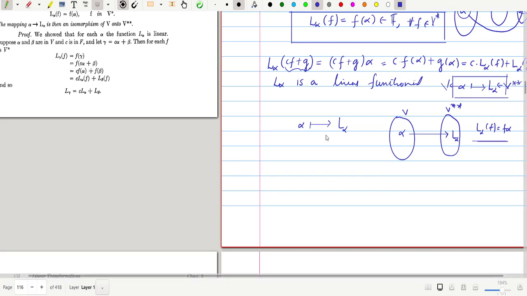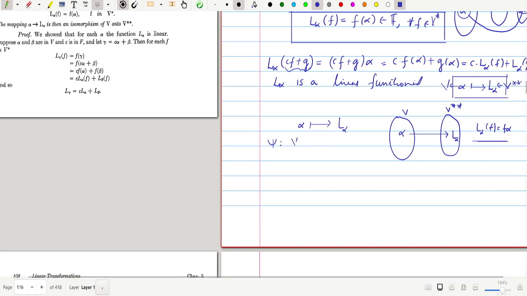Then we can verify this map. Okay, I'll write it as some psi from this V to V double star defined by psi of alpha equal to L alpha.